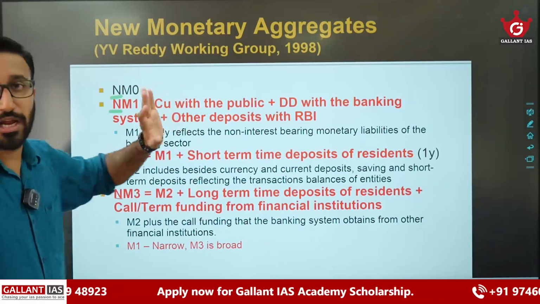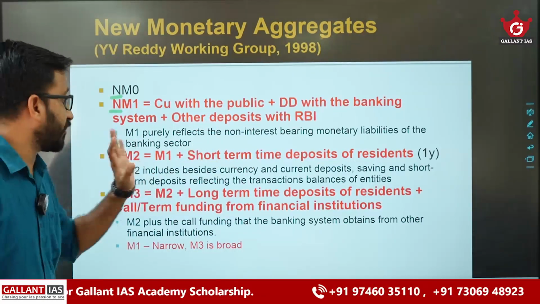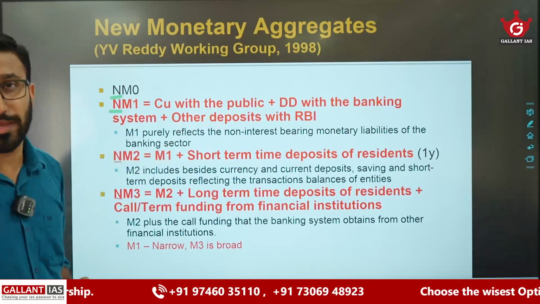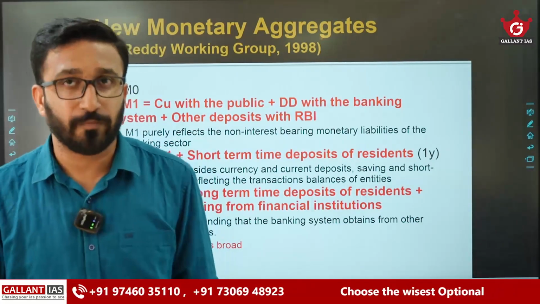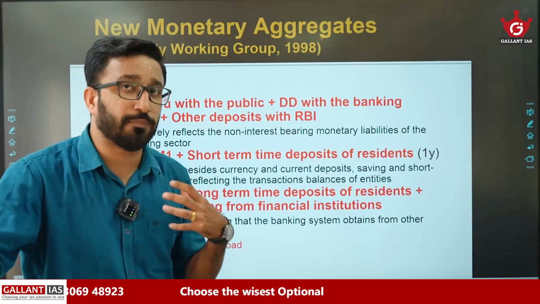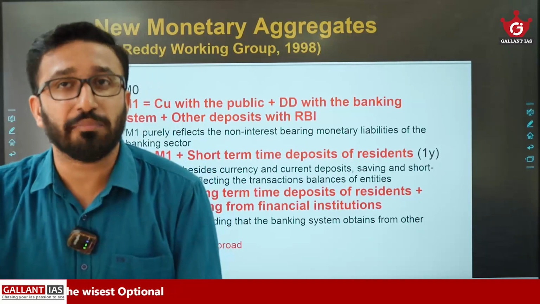It basically reflects the non-interest bearing liabilities of the banking sector. Look at this, non-interest bearing liabilities. See, currency with the public is non-interest bearing, right? Demand deposit of the public with the banking system is also non-interest bearing, or very feeble interest is there.